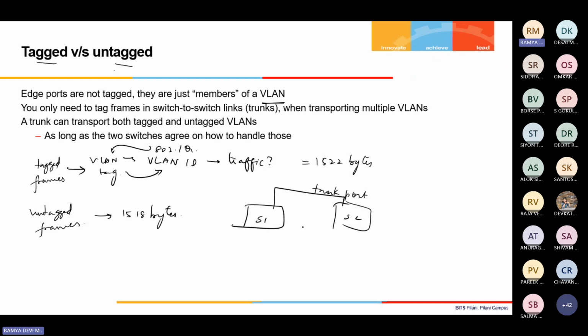So this switch may have VLAN X and VLAN Y. If a system in Y wants to communicate with a system in Y of this particular switch, it will be sending the packets. In order to identify whether the system is sending the packets for VLAN X or VLAN Y, the VLAN tag information is added to each and every frame.